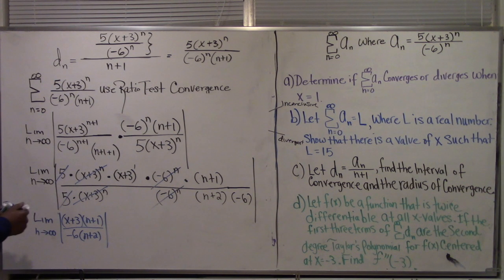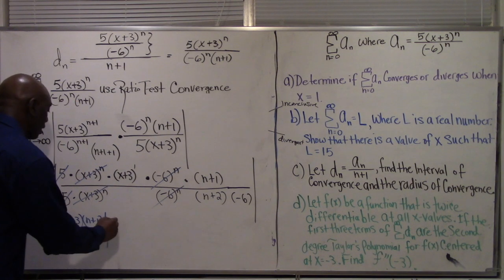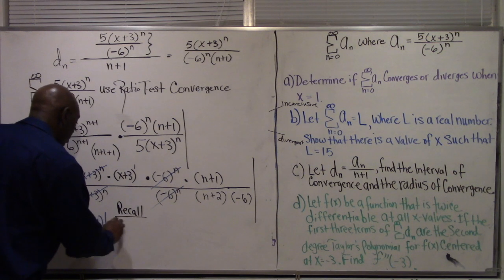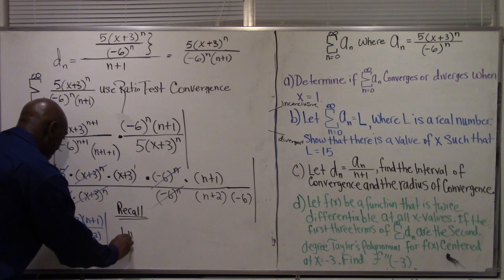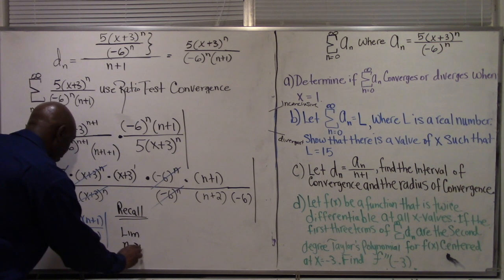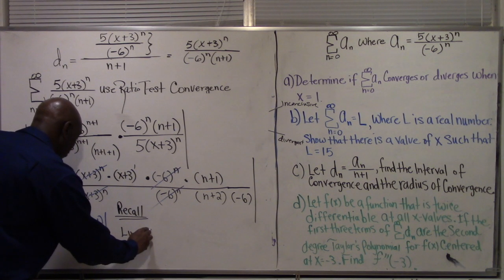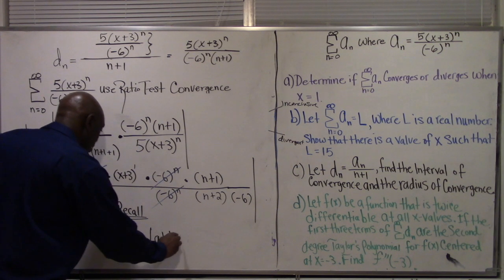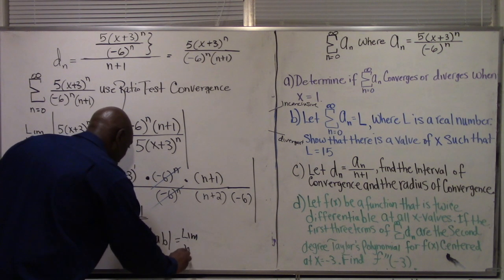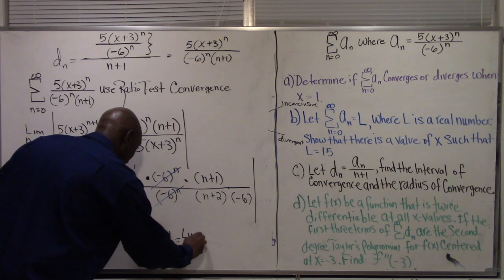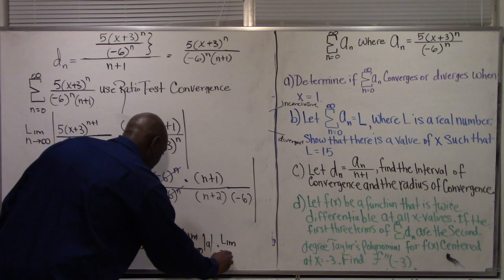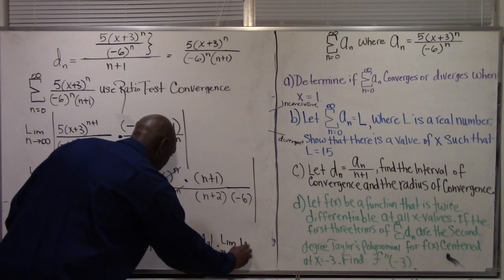Well, please recall that the limit as n goes to infinity of the absolute value of a times b equals the limit as n goes to infinity of the absolute value of a times the limit as n goes to infinity of the absolute value of b.